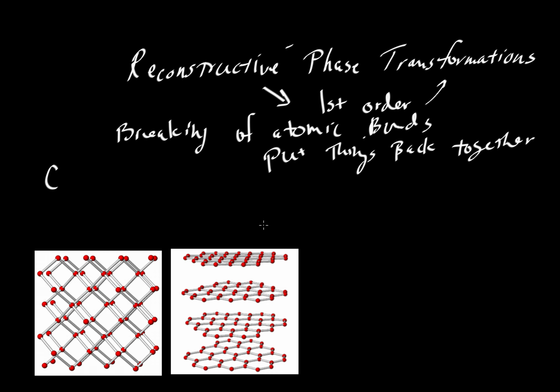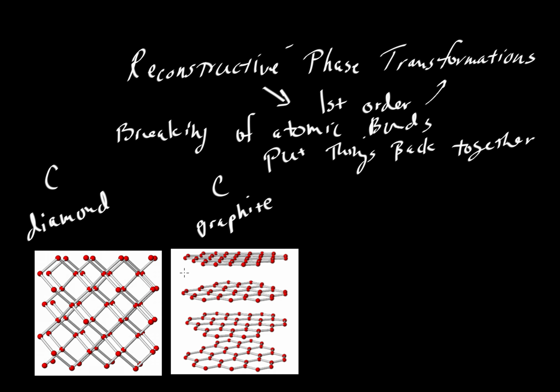These are diagrams from the online textbook of mineralogy by Dexter Perkins. On the left, we show carbon in the form of diamond, and on the right, we have the very same element carbon, but here Mr. Perkins is showing it in the form of graphite.